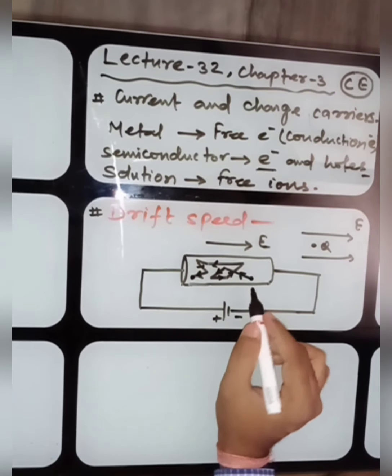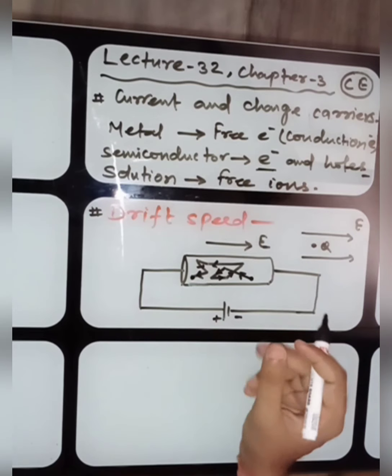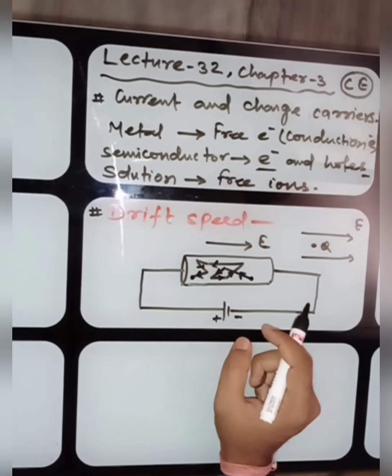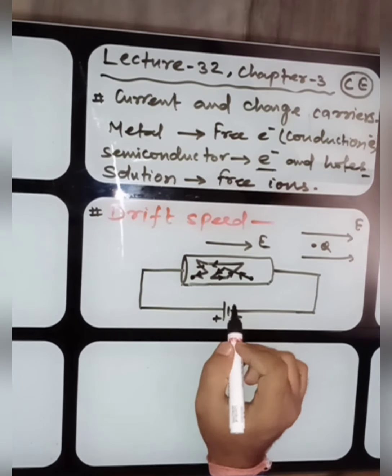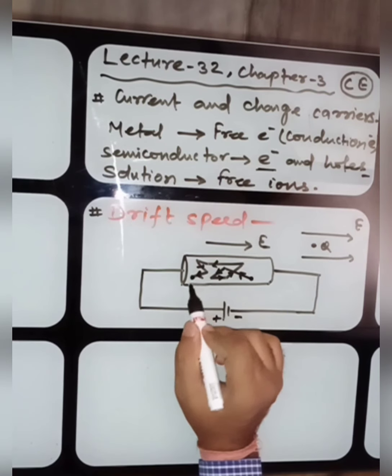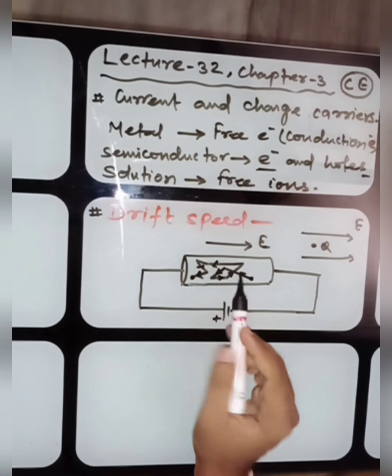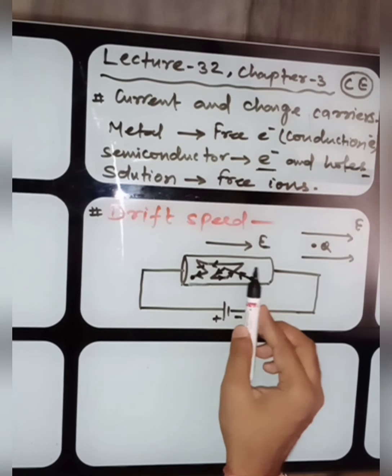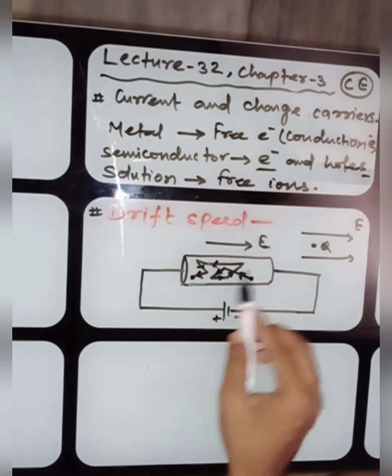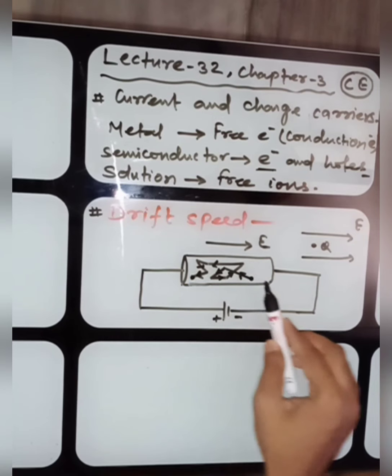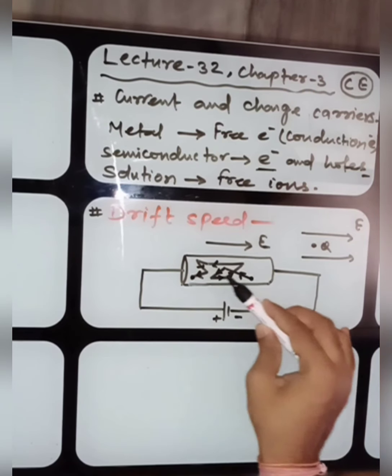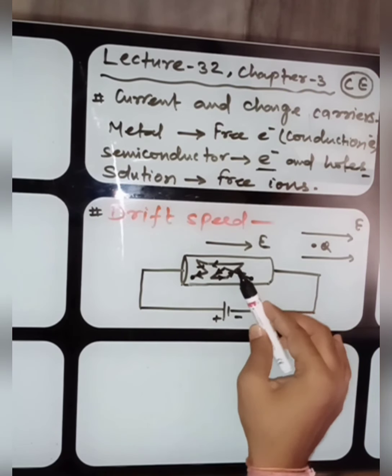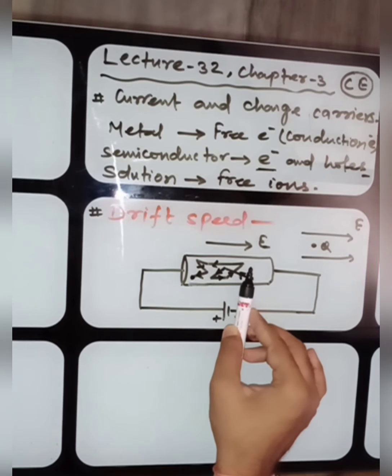Actually, my dear student, the electron moves with very high speed, but it drifts with very low speed. Remember, it drifts slowly because a number of collisions take place in a very small interval of time. That's why it collides with the electrons, and it moves with very high speed, but it drifts with very small speed.